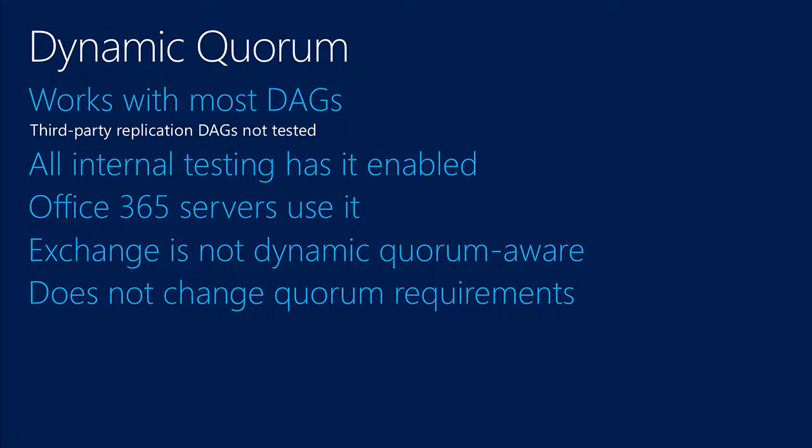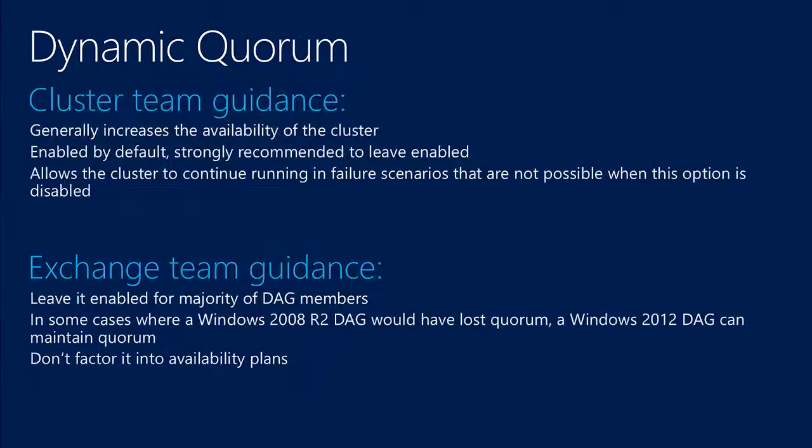So all of our daily test passes all proceed with dynamic quorum turned on. All of our Office 365 servers are using it. And although Exchange is not dynamic quorum aware, and dynamic quorum isn't changing the quorum requirements for Exchange, it still may allow your DAG to survive in situations that were unsurvivable in previous versions of Windows failover clustering.